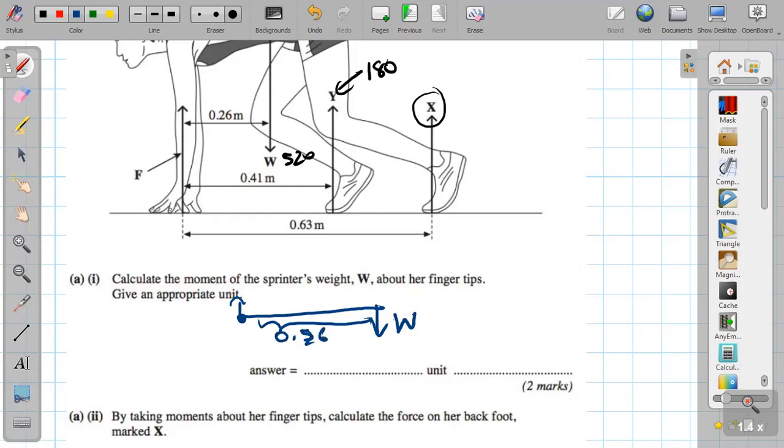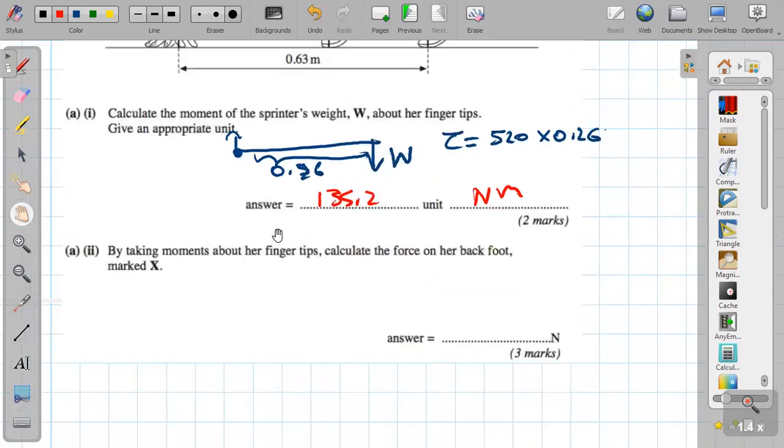What is the moment? 520 multiplied by 0.26. Is that how you did? Yeah, that's great. 520 times 0.26, and the answer is 135.2 newton meters.